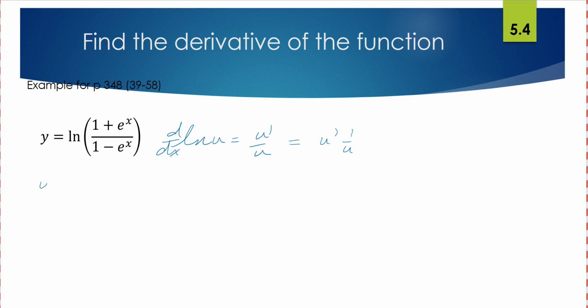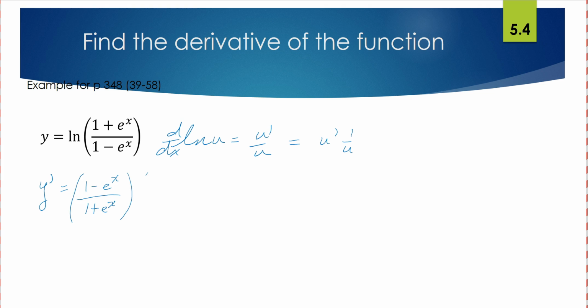So as I derive, I have y prime is equal to 1 minus e to the x over 1 plus e to the x. That's my 1 over u.